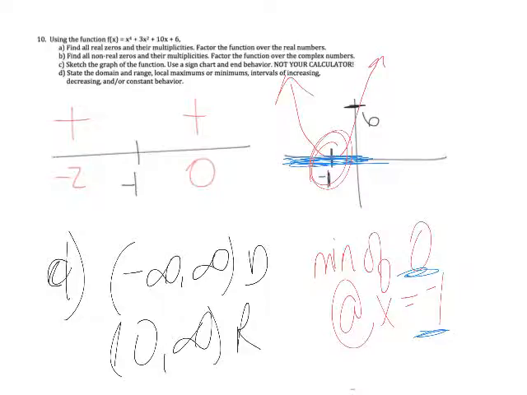Intervals of increasing and decreasing or constant behavior. And again, this was not exactly the best example for it because there's not a lot of changing going on. You are decreasing basically from -infinity up to -1. And remember, when you write the interval, you want to write the x value, like the x is -1 is where it turns.